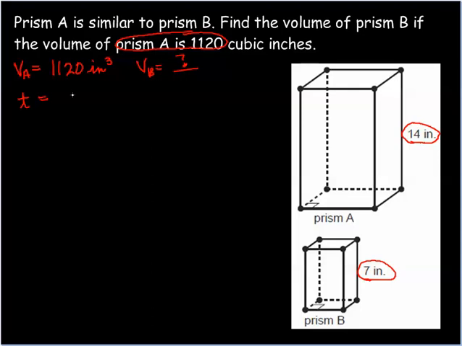So our scale factor is going to look like this: 7 over 14. You know, I told you I always go for the smallest numbers. Well, those are the only numbers they gave me. So I can reduce 7 over 14 to 1/2. So that's going to be our scale factor in this problem.